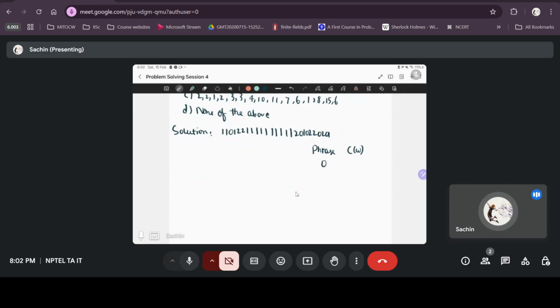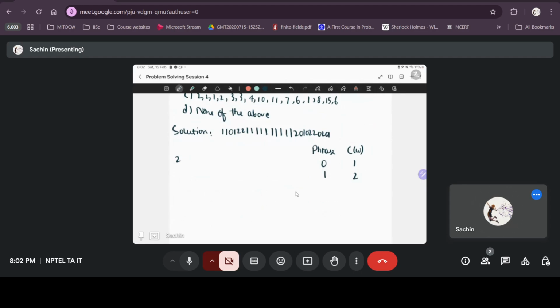Initialize with phrases of length 1. 0 is indexed as 1. 1 is indexed as 2. And 1 is encoded as 2, which is the index of 1.